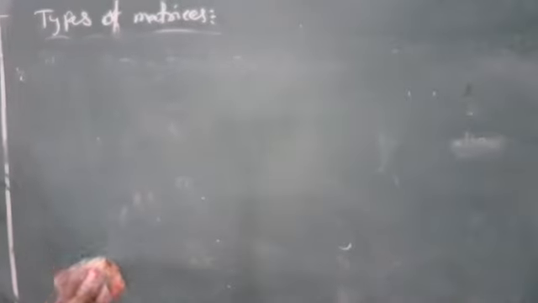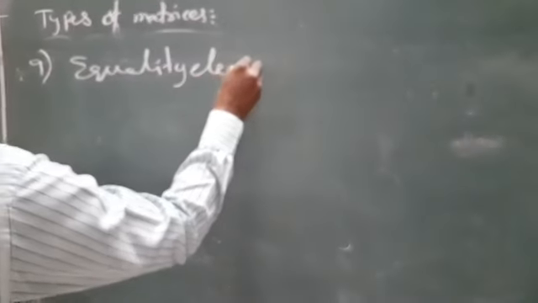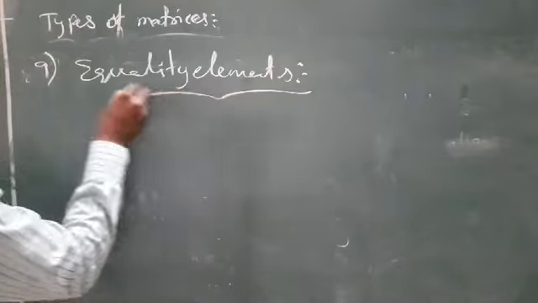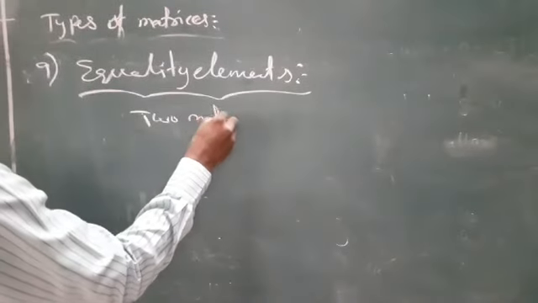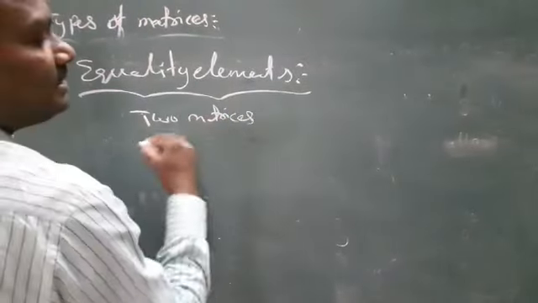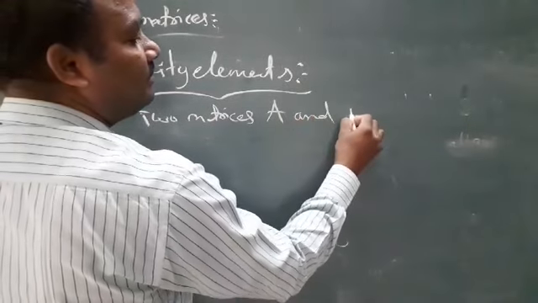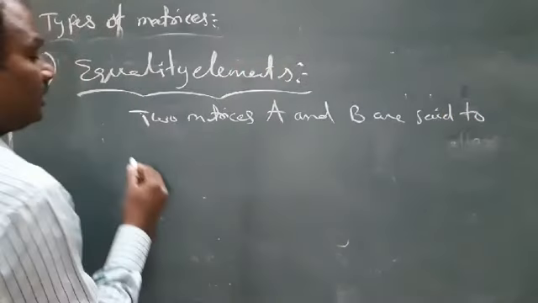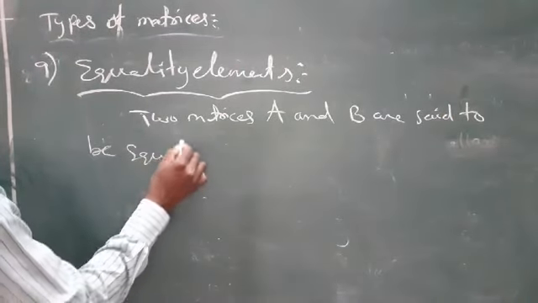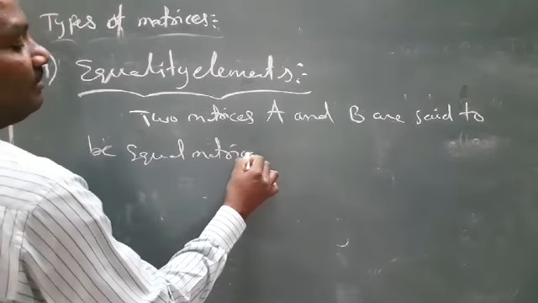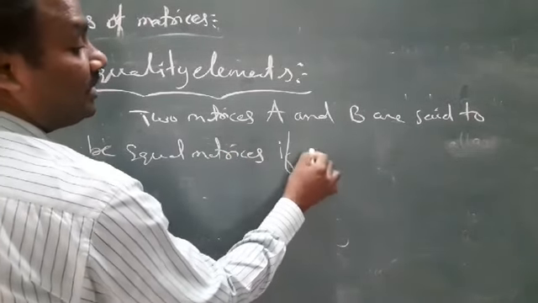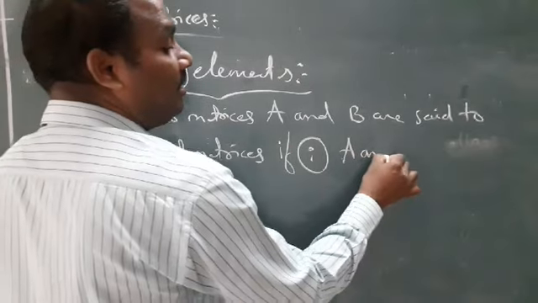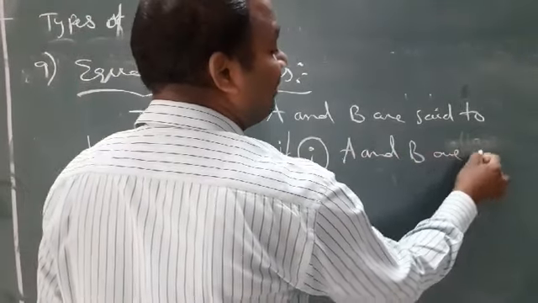Equality. Two matrices A and B are said to be equal matrices if, first condition, A and B are of the same order.